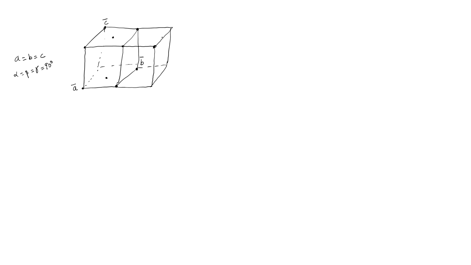So, again I have lattice points at the corners of this same cell, and so this is basically the translated unit cell by the vector b. Now, in this I do a construction where I join the lattice points like this.